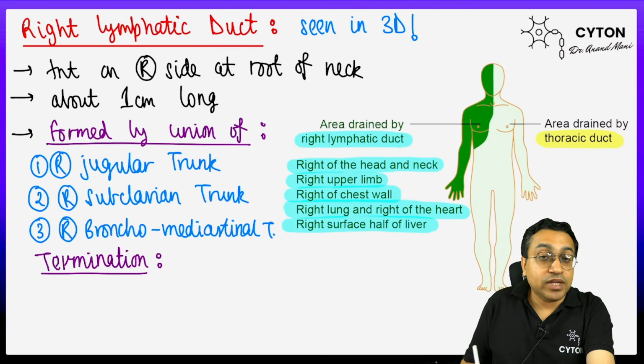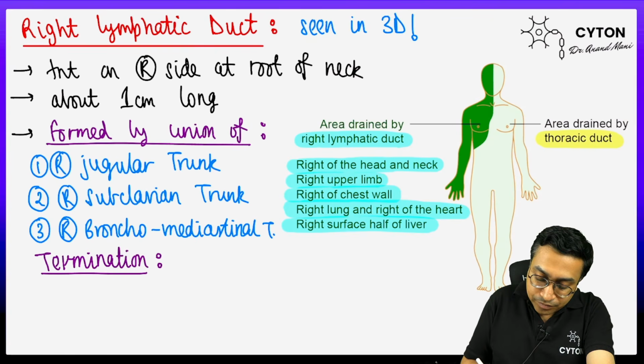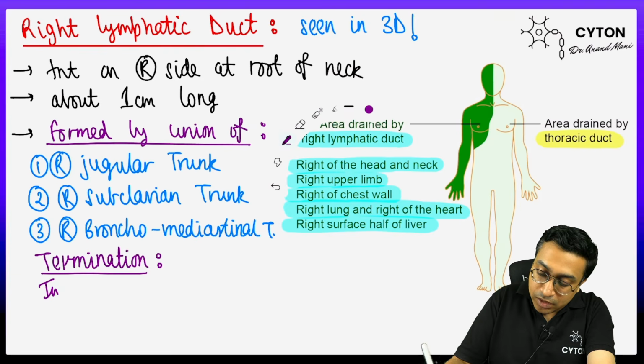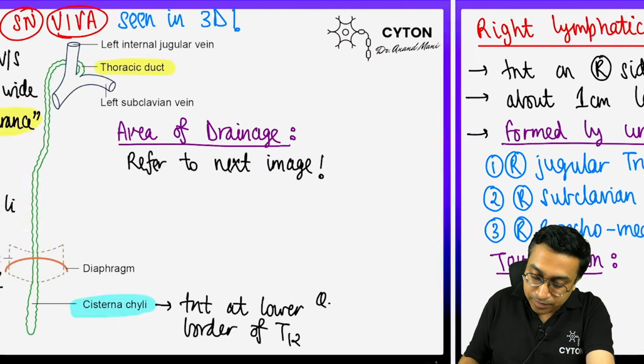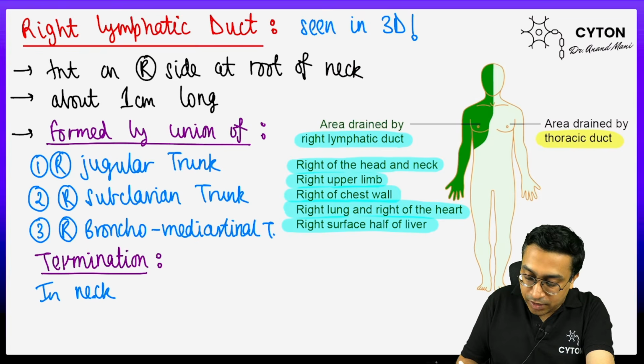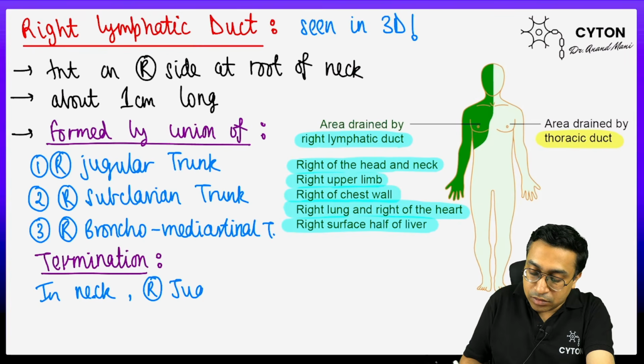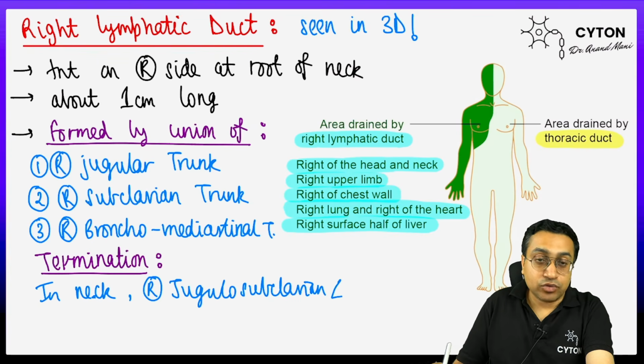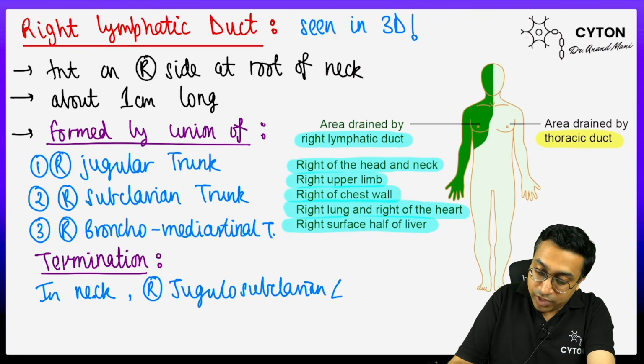Termination, so in the neck it opens at the, in the neck we already studied, at the right jugulo-subclavian angle. Okay, so that is the junction of the right internal jugular vein and right subclavian vein. Okay, then areas of drainage, so that we can see in the photo only.